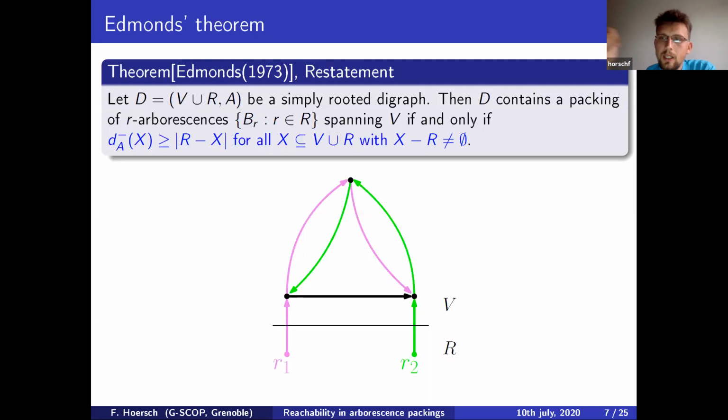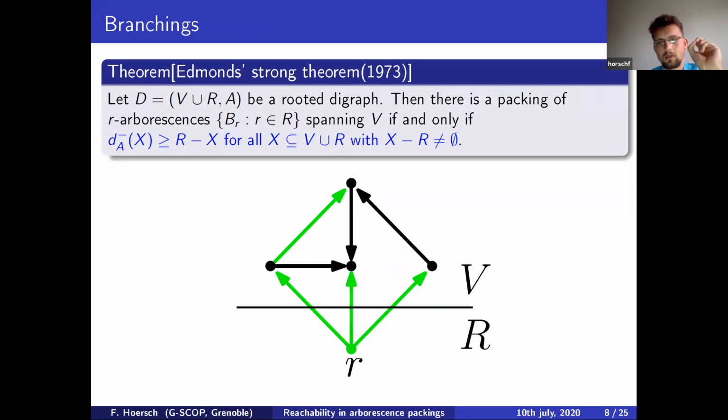Now, what I will need today and what will play a decisive role is a slightly stronger theorem of Edmonds. It looks almost the same, but nevertheless it is quite different. It is much harder to prove, and it is really stronger. It looks almost the same, with the only difference that the word simply is deleted.